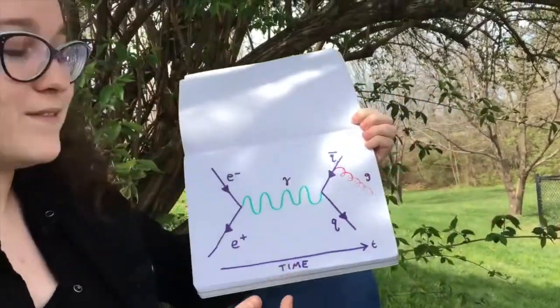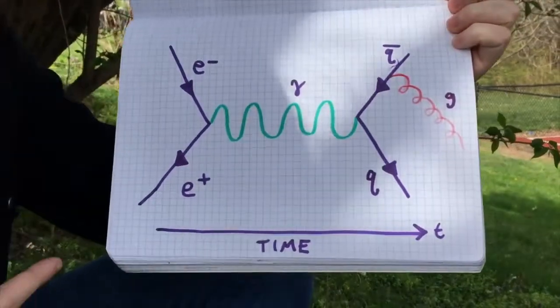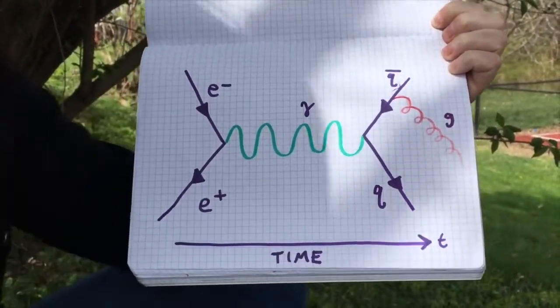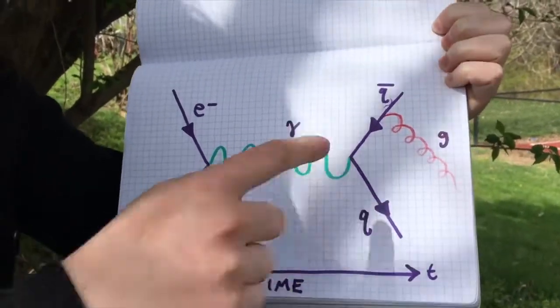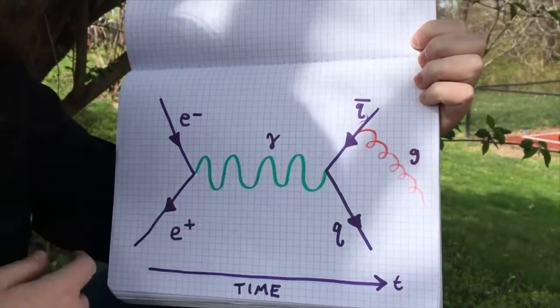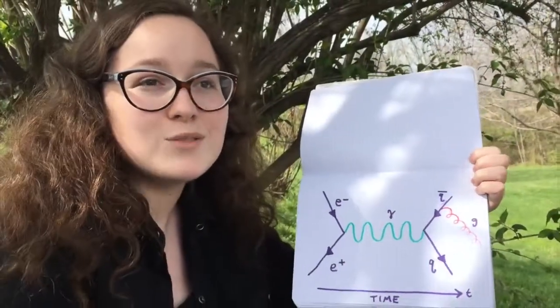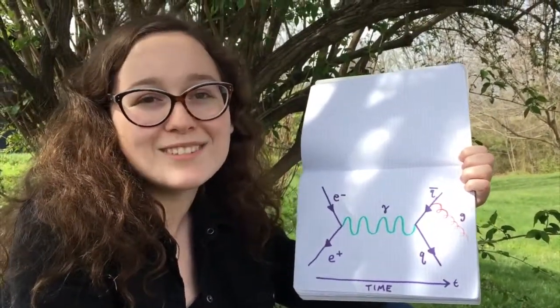Now, see in this one, for instance, we got an electron and a positron. And as time progresses this way, you see them interacting. And what you get is a photon and a quark and an antiquark. And then from the antiquark, you get a gluon coming off of it. So that's how these work. You see these sort of like over time interactions between these subatomic particles.